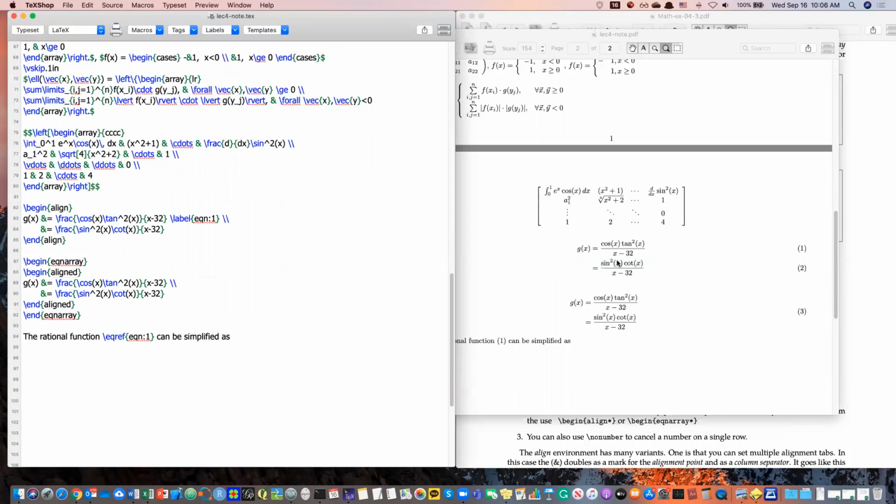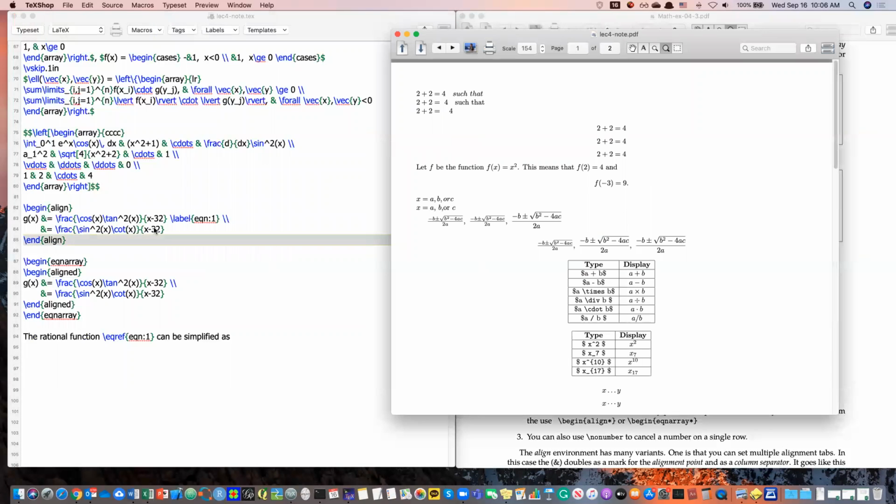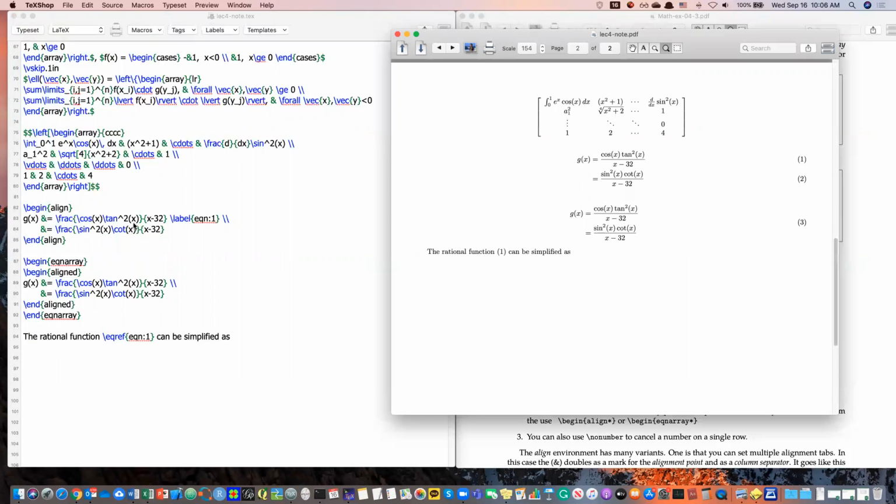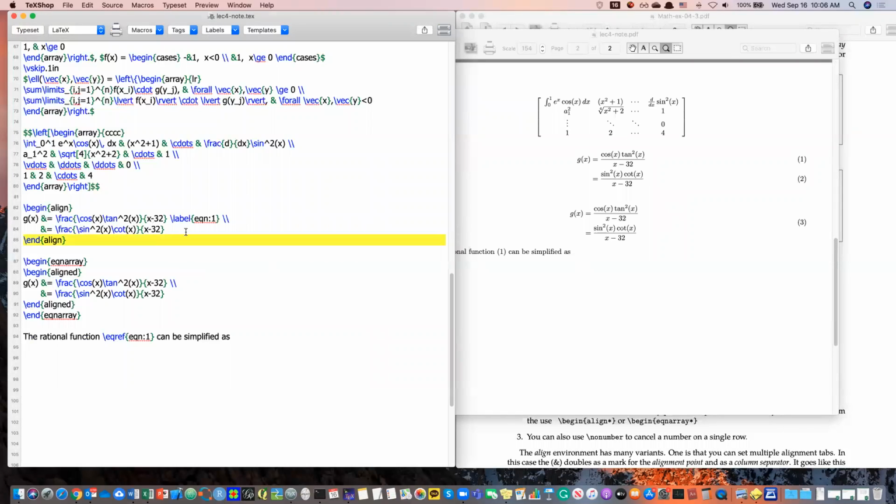Look at this. I removed no number. So we got the equation number for the second line, the first g of x. For the second g of x, we got just one equation number for first and second, right?